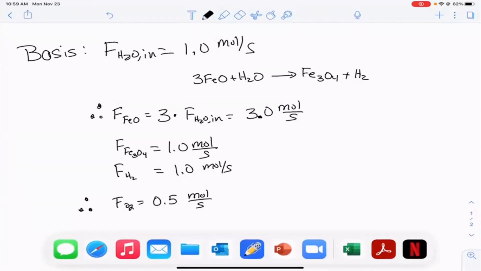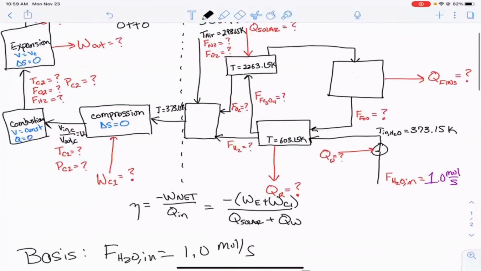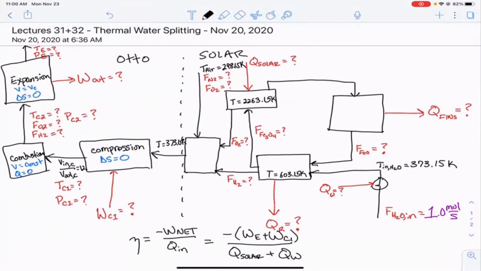So if we look at where we are in this process, we now have all of these flow rates. So the flow rate of water in is equal to 1 mole per second. We know this flow rate of FeO is just 3 moles per second. We know that the flow rate of Fe3O4 is 1 mole per second.